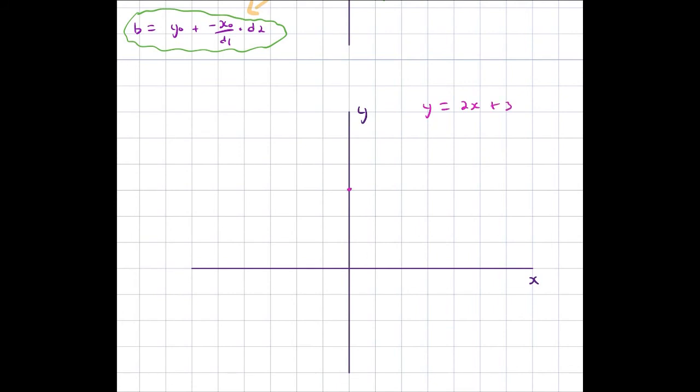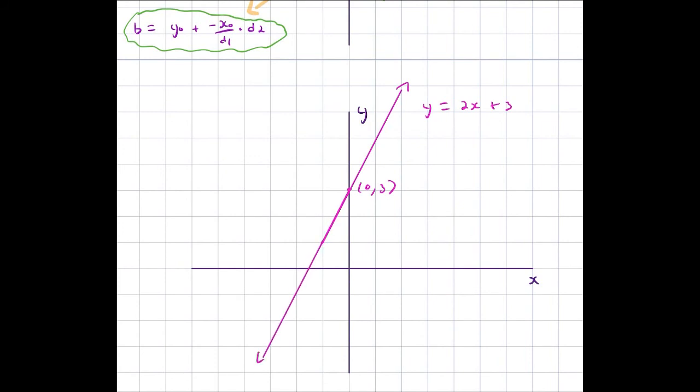So it's going through 0 and 3, and it has a slope of 2. So that means that if I go over 1, I go up by 2. So let's connect that. And again, this is my point and slope determining the line uniquely and completely. It goes like that, and then it goes like there.